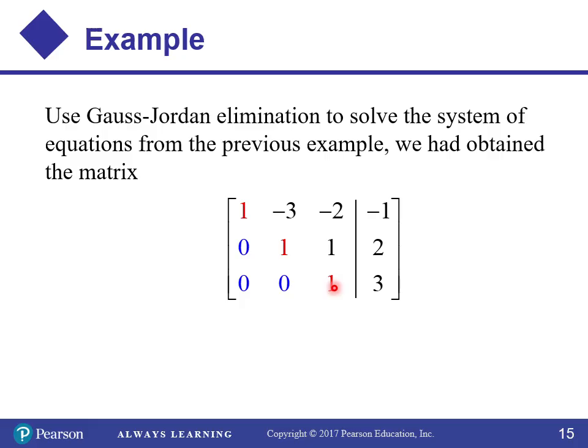For here, in order to work backwards, I want to get zeros in each of these places. I'm going to first start with this -3 right there and try to get that to be 0. It'll be easy to make that 0 if I multiply this 1 by 3. So I'm going to multiply this row by 3 and add it to this row.